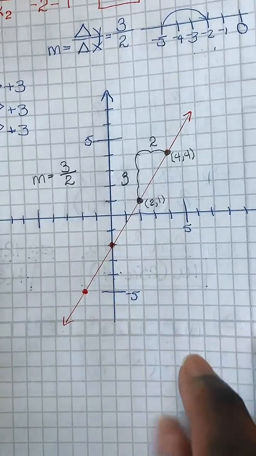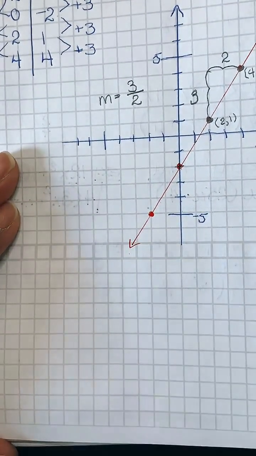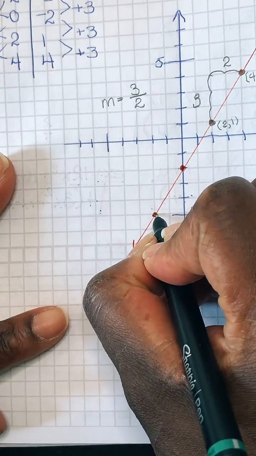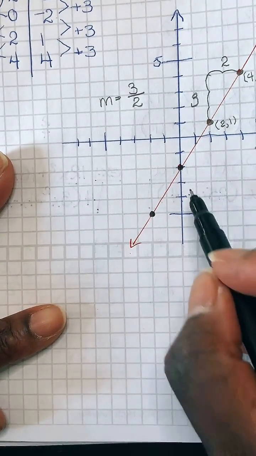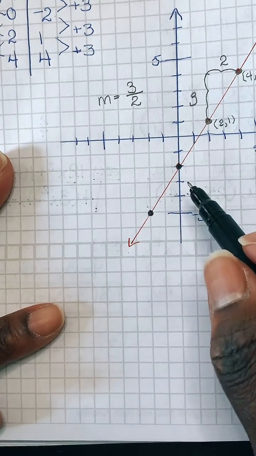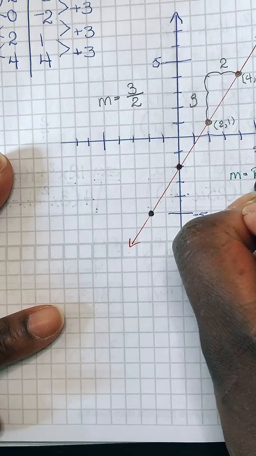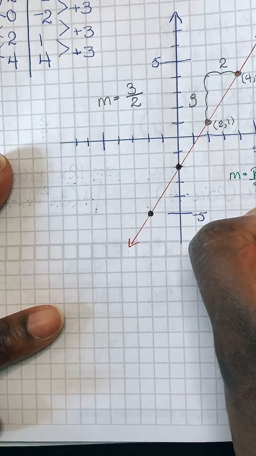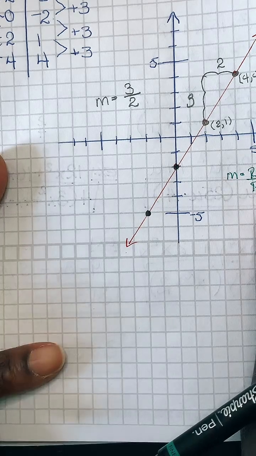I can do it with these 2 points down here, because each is a point on the line. I can find the slope by doing movement. Remember, slope is basically your rise over your run. Rise, you're either going up or down because that's your Y values.